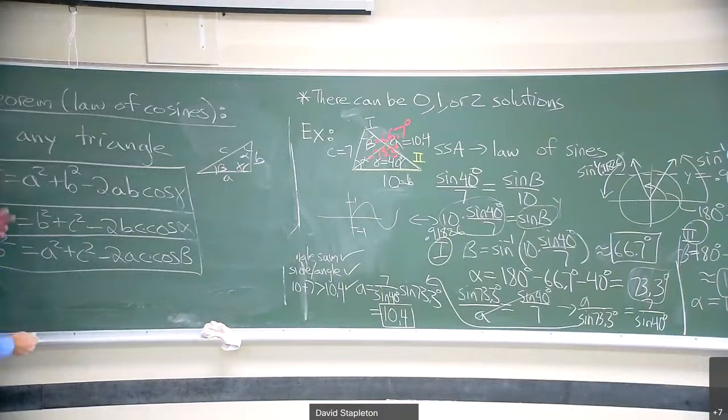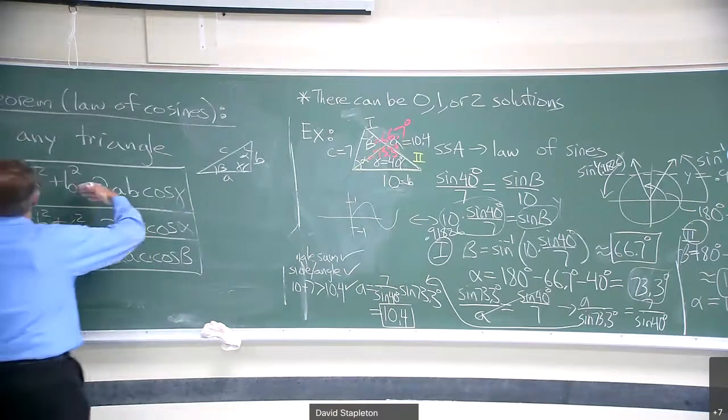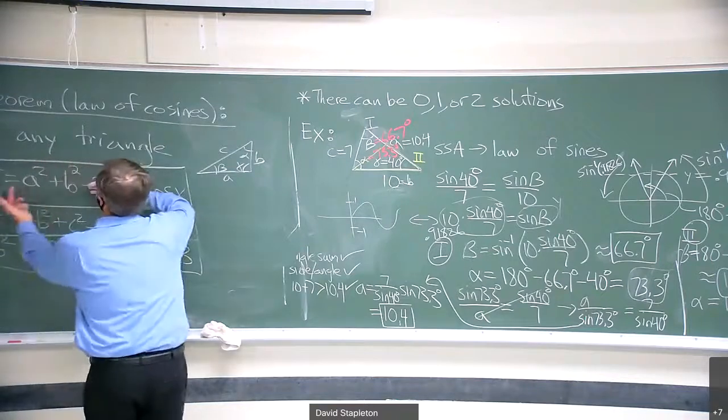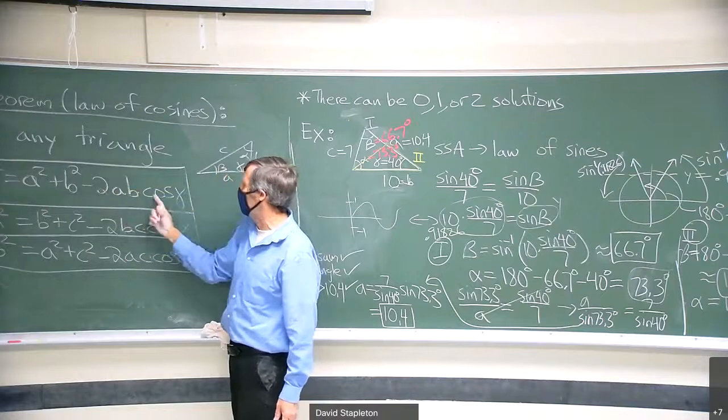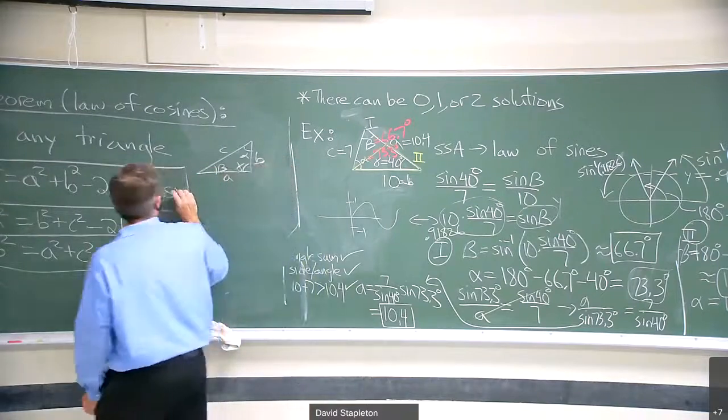This one I think is harder to remember than the law of sines. But I'm pointing this out to you because this makes it easy to remember. If you just say, oh, it's the Pythagorean theorem, C squared equals A squared plus B squared minus 2AB cosine gamma. I like to think of this the other way.